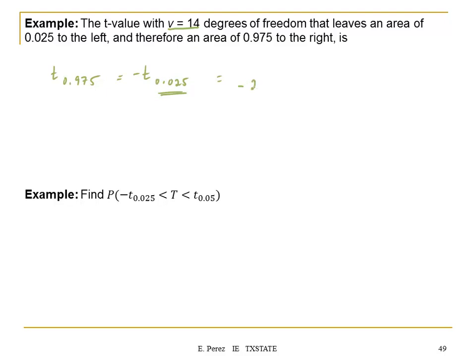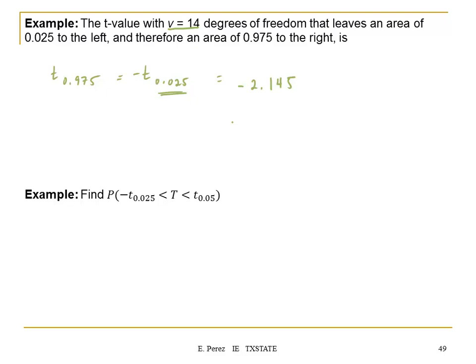Negative 2.145. Correct. Anybody was able to find that number? You have to remember to use that negative value before the number.